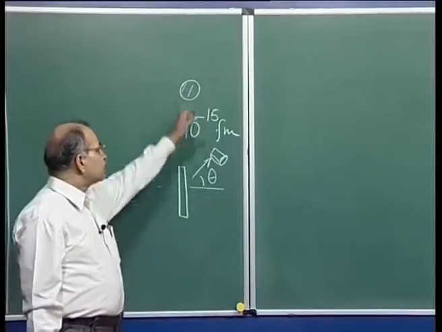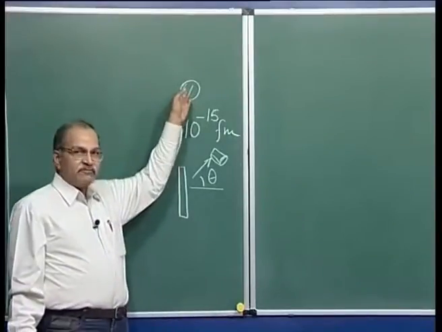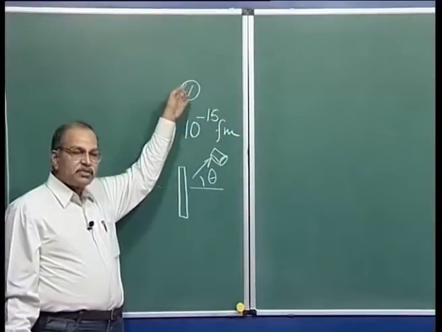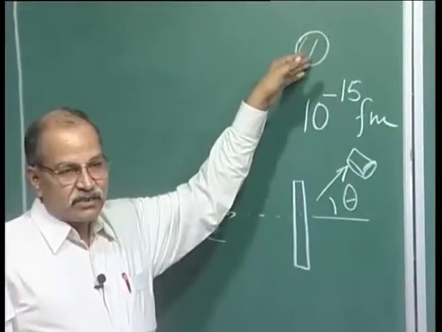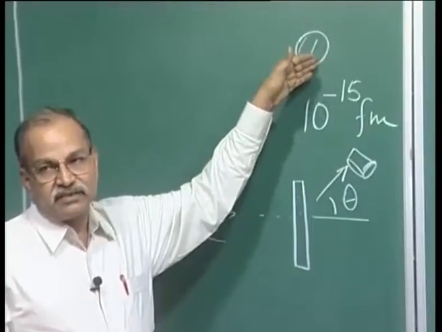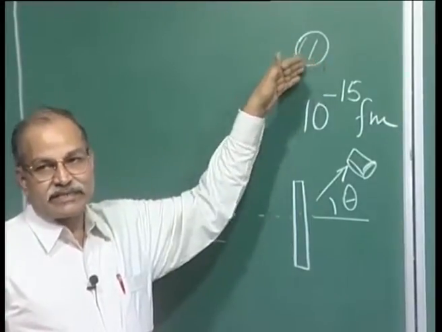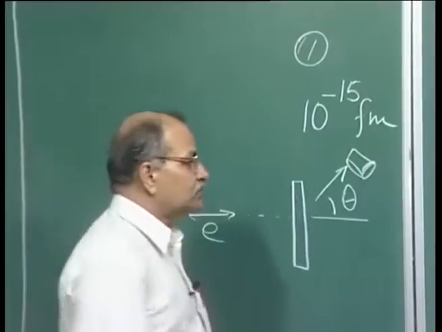Not only an estimate of the radius, you can also derive the charge distribution inside this nucleus, how the charge varies as a function of distance from the center. That also can be done.